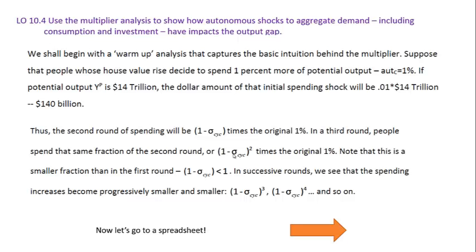And we'll notice that since 1 minus sigma sic is less than 1, we're going to be spending progressively smaller and smaller fractions in each successive round. So we're going to see that the additional spending becomes progressively smaller and smaller: 1 minus sigma sic to the third, 1 minus sigma sic to the fourth, and so on. So now we're going to go see how this works out in a spreadsheet.